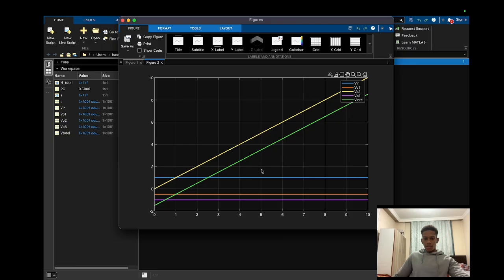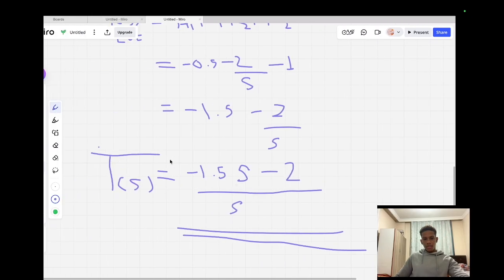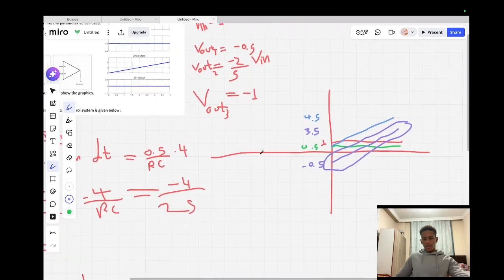V out 3 here is minus 1, and the total V out, the green one, goes from minus 1.5 at 4 seconds to 3.5, like here.